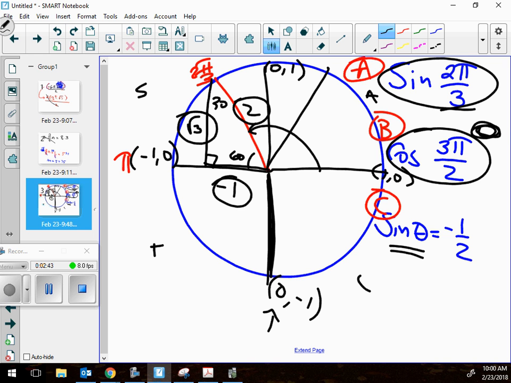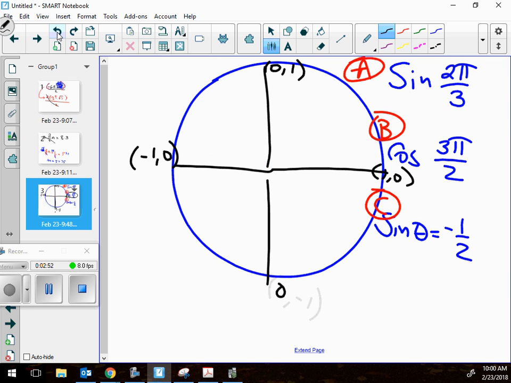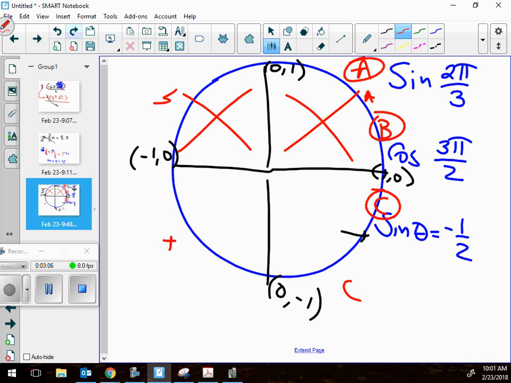And then the last one, which is C, is the hardest one. Sine is negative a half. Here's how I do the problem. Just see if you did the problem the same way as I do. As long as you get the right answer, it's okay if you do it different ways than me. But the way I would do this problem is to figure out what two quadrants I must be in to make my triangles. Sine is negative. All students take calc. Those two are places where sine is positive, and therefore I must be here.